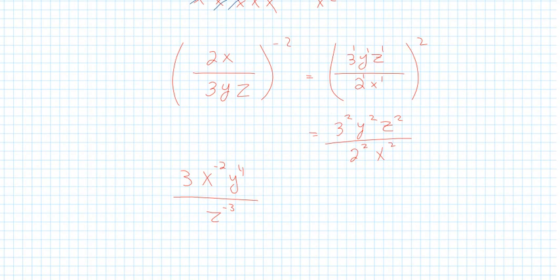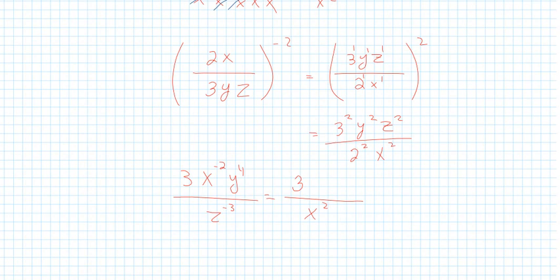If it's in the numerator, you can simply bring it down to the denominator and make it positive. So the 2 is going to stay, the 3 is going to stay because it has an exponent of 1. The x to the power of negative 2 is going to come to the denominator and become a positive exponent.